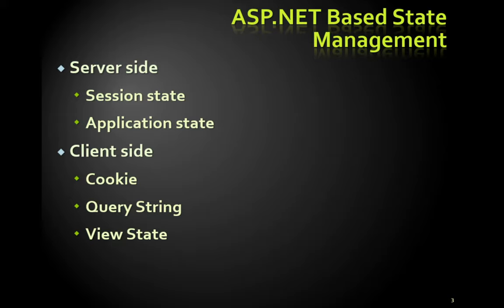We will discuss each of the state management techniques one by one, but let me give you an overview: in all these techniques we generally store a key-value pair. Like in session state, when the user provides the correct user and password, we store email equal to that particular email address of the user, and using that we identify that the user is logged in if we have the key, that is email, in the session state.